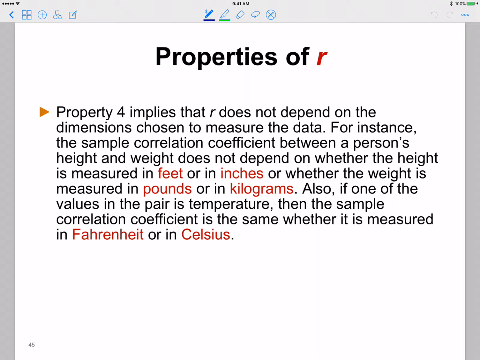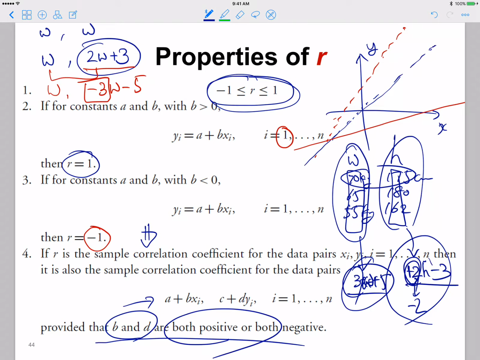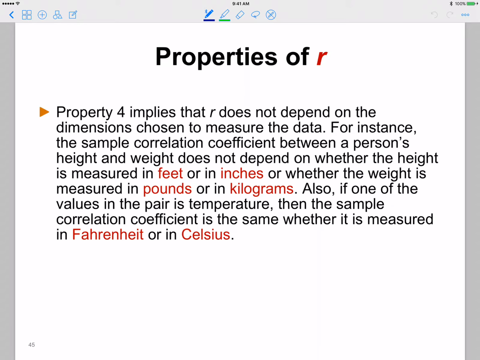So in practice, what does this mean? This kind of transformation can be found, for example, when using different units. So for the weight, 60 kilograms, for example, can be converted into pounds by using some linear transformation.